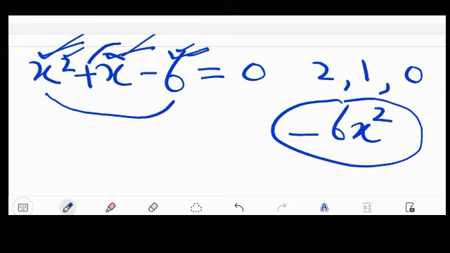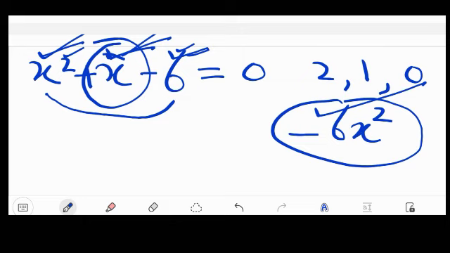Now we have the middle term, that is plus x. So now we have to split this plus x into two terms. Whenever these two terms are added, the result should be plus x, and whenever these two terms are multiplied, the result should be minus 6x square.